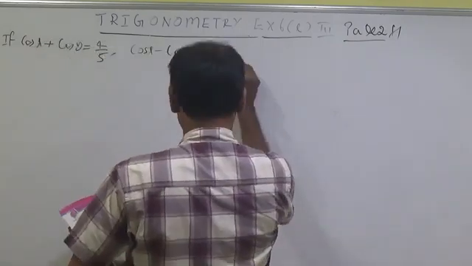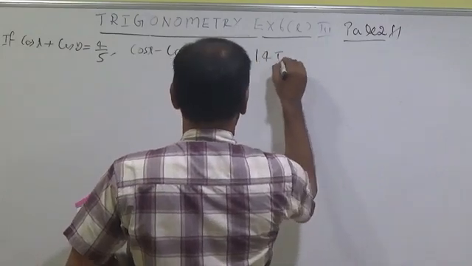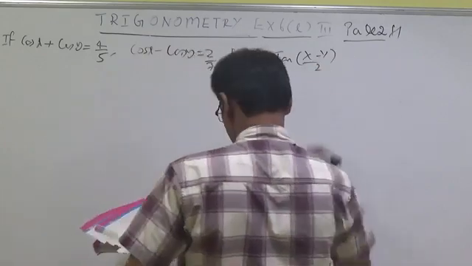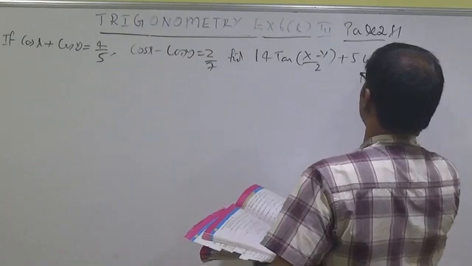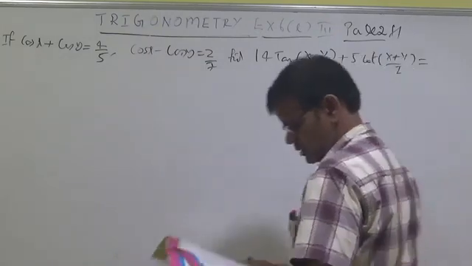Find the value of 14 tan of (x minus y) by 2 plus 5 cot of (x plus y) by 2 is equal to dash.